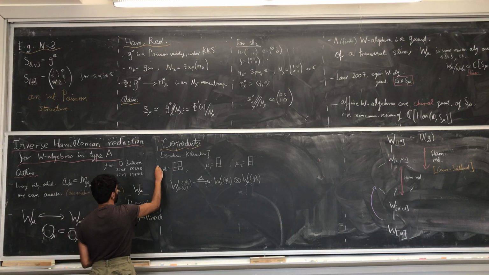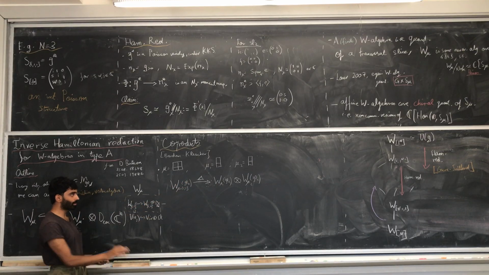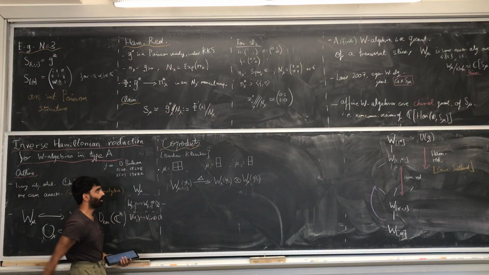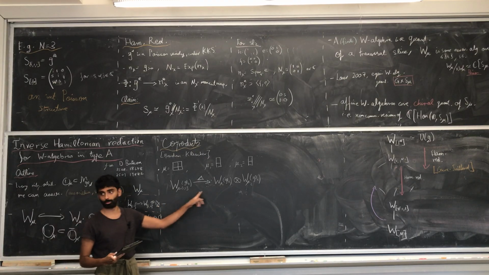So this has been known for a while. And inverse Hamiltonian reduction, this map that goes in the other direction here, is kind of an example of this, but where you keep the Lie algebra on both sides the same.